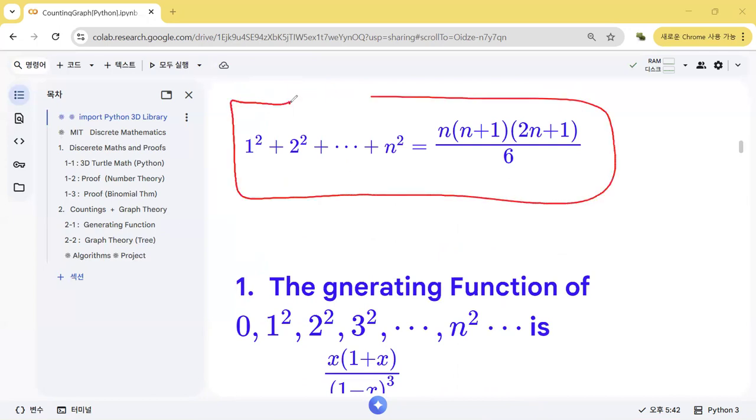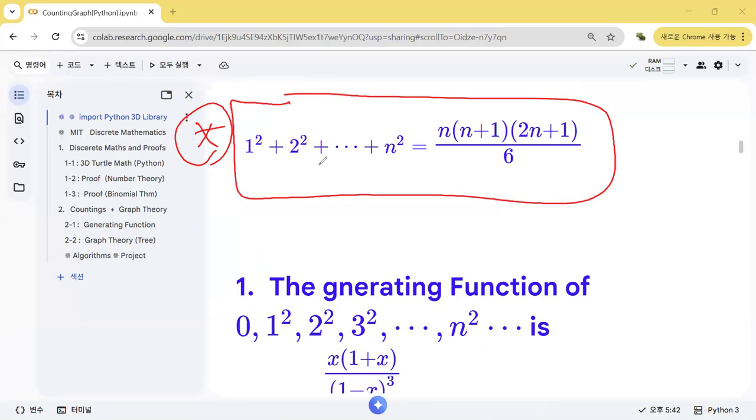Okay, so generating functions can be used widely, but in the history of mathematics, a generating function was first used to solve the Fibonacci problem. But instead, we will study how to use a generating function to prove this one.